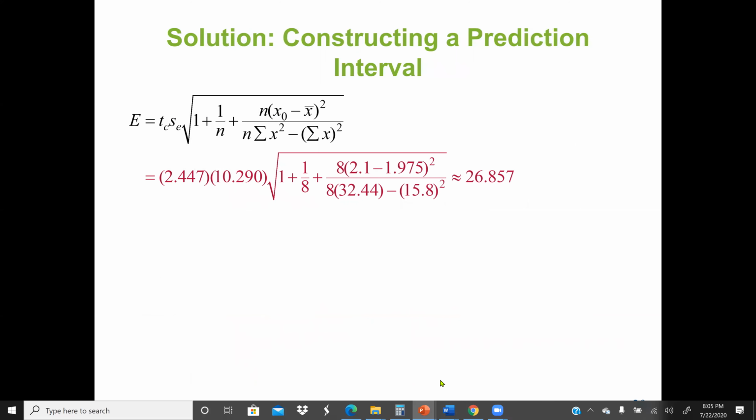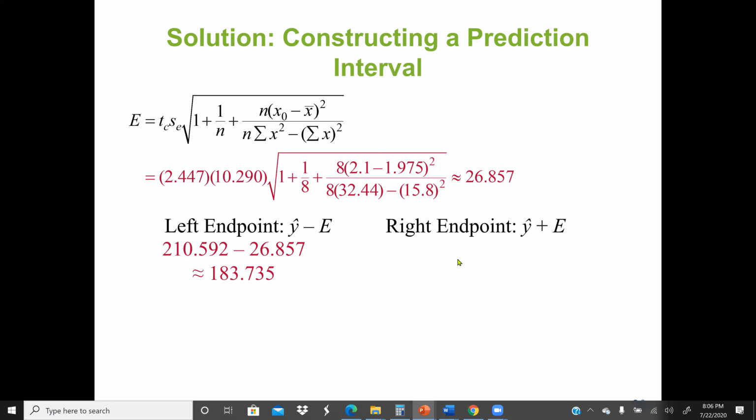Then when we get this, we can be able to find the error now. We know the standard error, we know the TC from the table. We plug in all the values. The error is 26.857. Then from here, we can find our left endpoint, right endpoint, subtract the E from the predicted Y value, and also add to the predicted Y value.